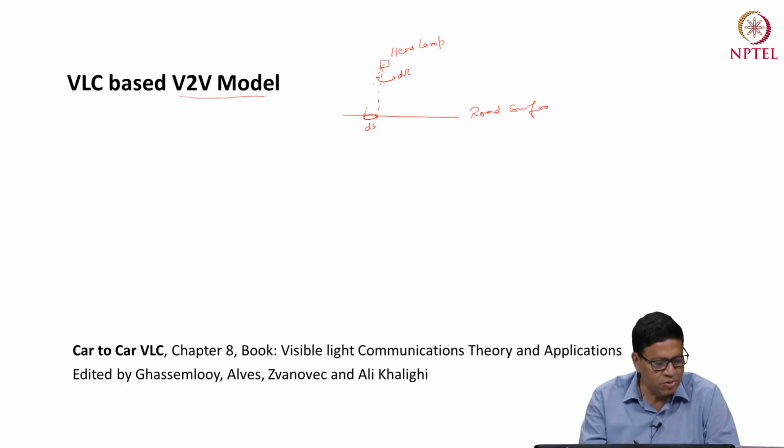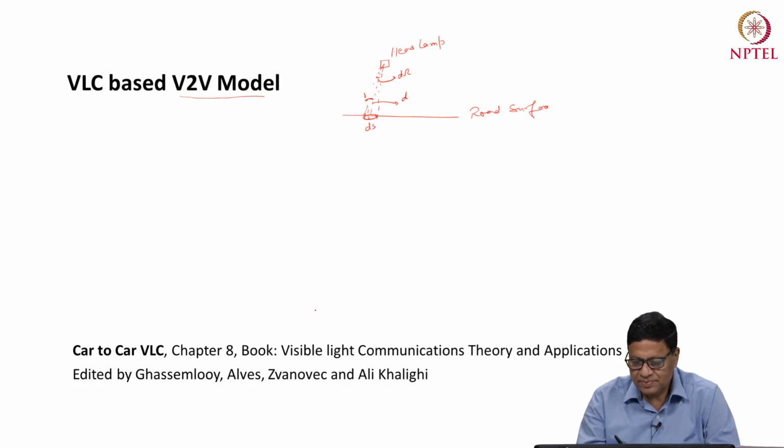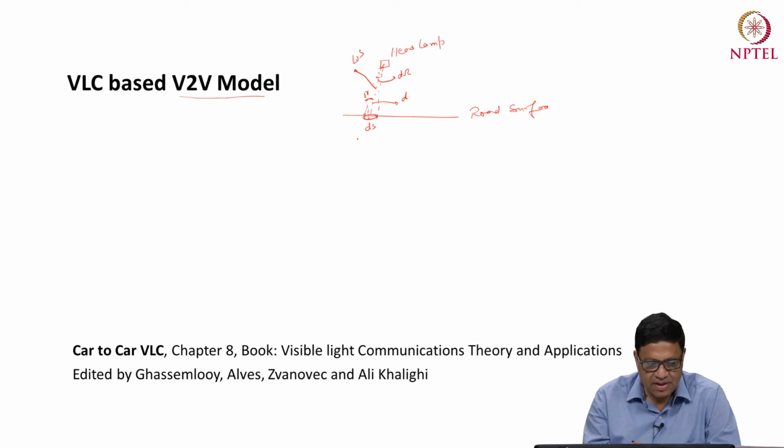This solid angle is d omega, and this distance from the headlamp to the surface is, say, d, and let us draw a normal here. The angle which the ray, the LOS, makes with the normal is, say, gamma, and this is area dS.